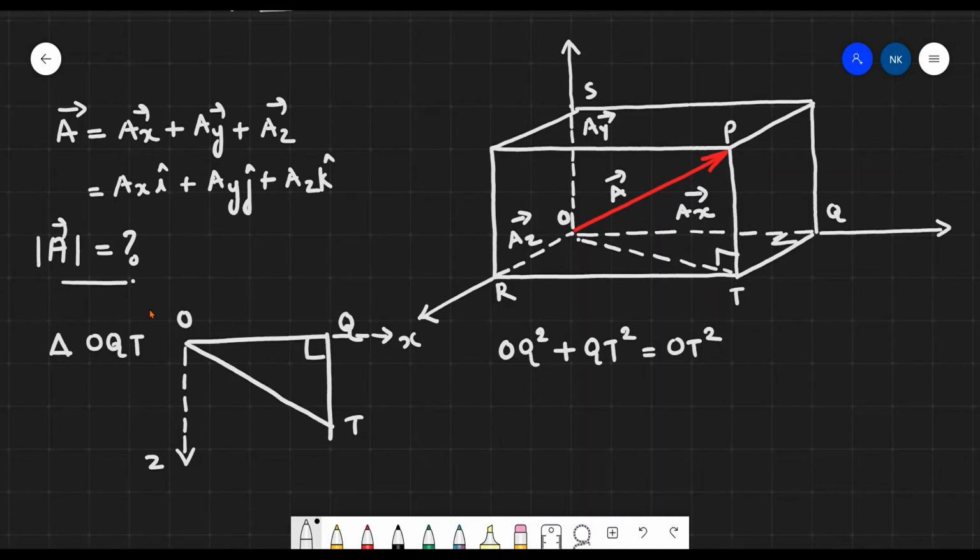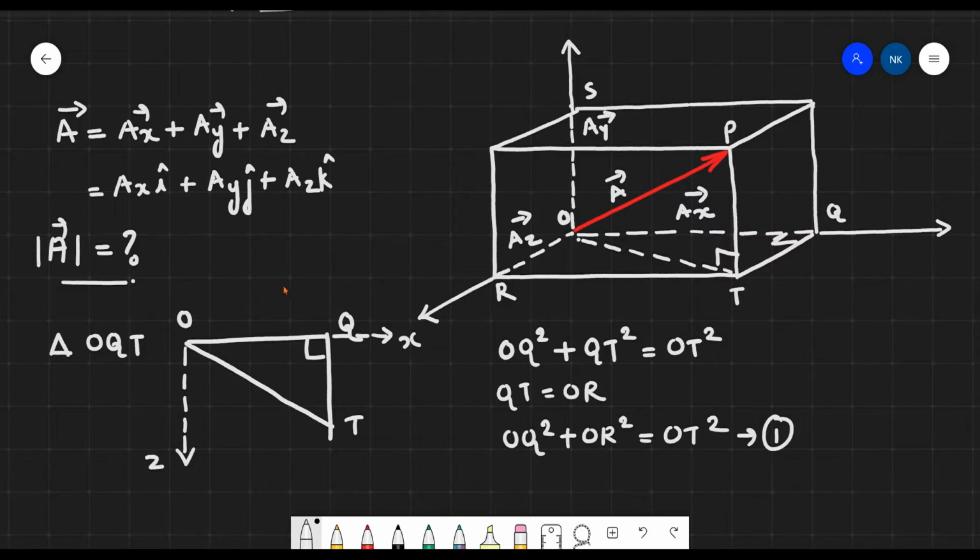You know that QT is equal to OR. Considering that fact, OQ square plus, instead of QT, we can write OR square equals OT square. Let this be equation number 1.